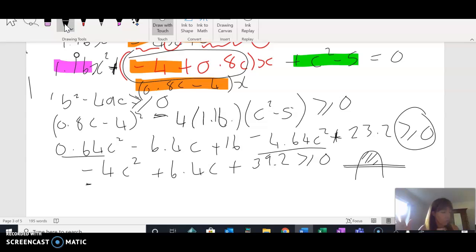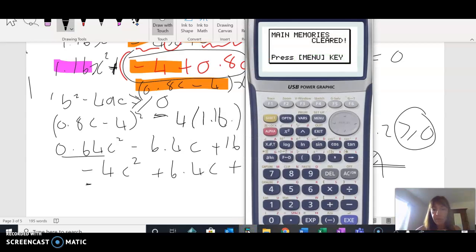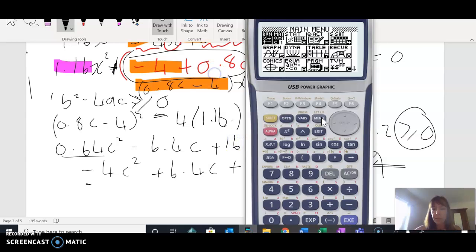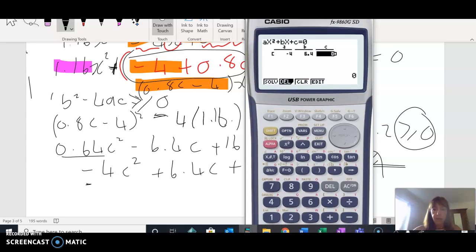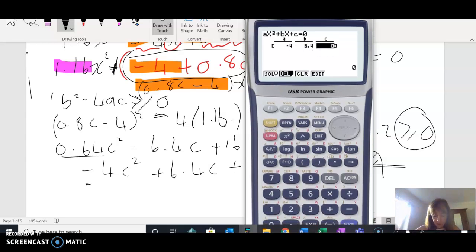So what I'm going to do is get my trusty calculator. Hopefully you can see my calculator, and I am going to go to equation, and I'm just going to put in, so f2 f1 negative 4, 6.4, sorry, and what did we say it was? 39.2.